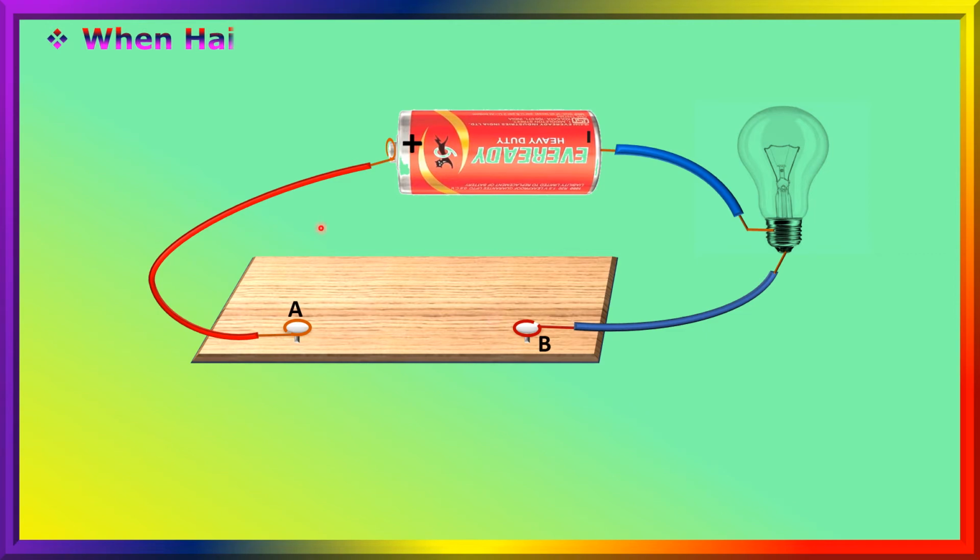Now, when hairpin is connected between A and B, so here I am going to connect the hairpin that we have taken between A and B. That means I am going to complete the circuit by connecting hairpin between A and B.